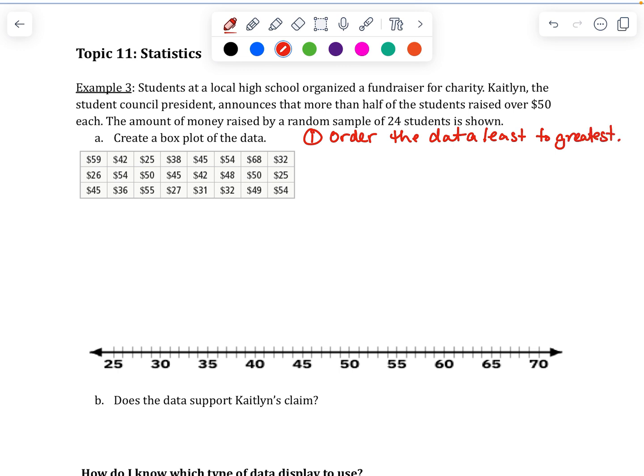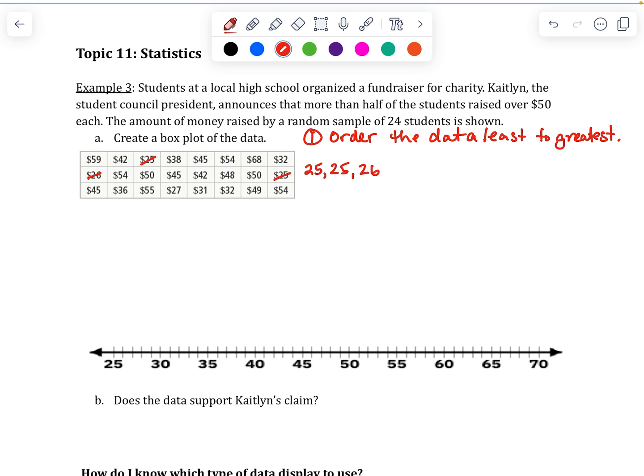The first thing we have to do is find our smallest number. And it looks like we got a 25. And then another 25. And I think 26.